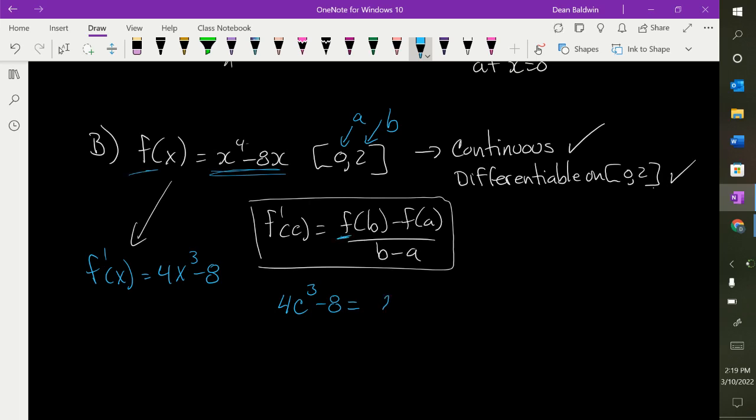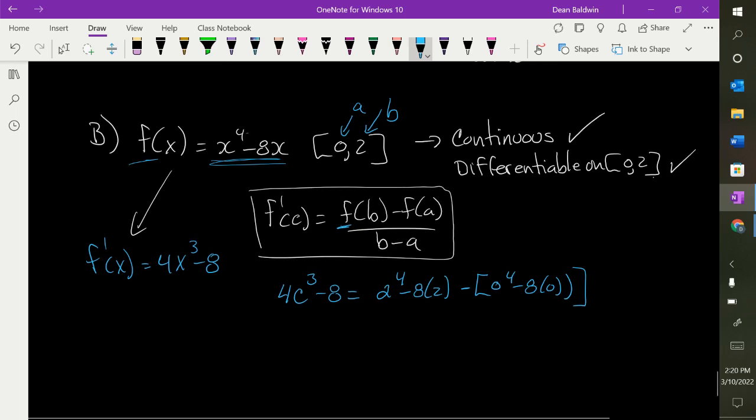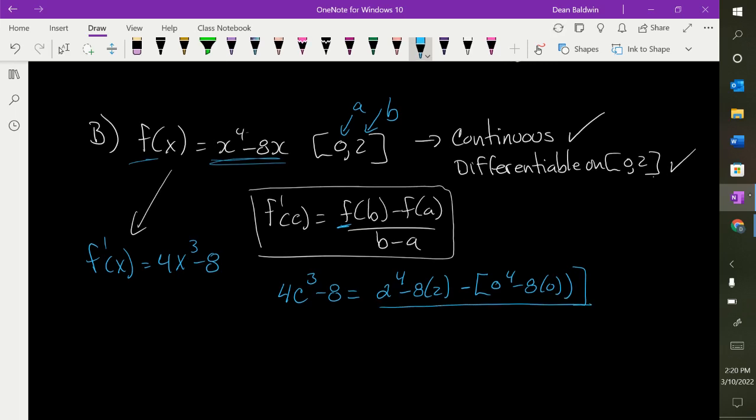So I get 2 to the 4th minus 8 times 2, minus f of a, so I put 0 in for all that. Obviously it's going to be 0, but I'm going to put it in for good practice. And when you're subtracting, please put everything in brackets, over b minus a, 2 minus 0. Now you just solve for c.